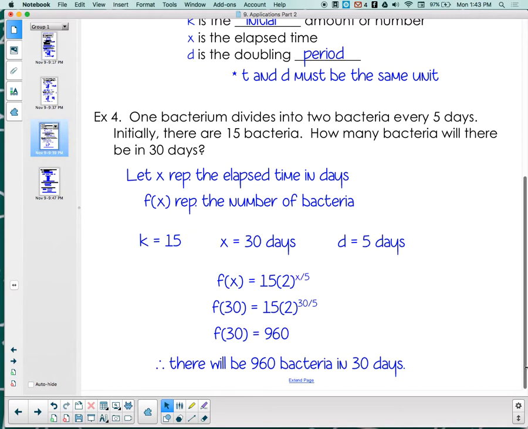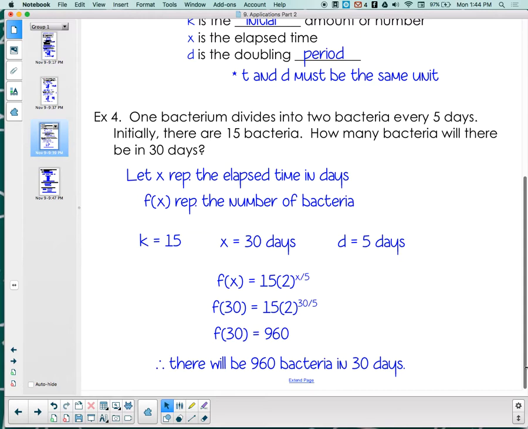They are both days, so we don't need to do any converting. We just need to plug it in. So f of x is going to be 15 times 2 to the power of 30 over 5. Well, 30 over 5 is 6. So what we're calculating is 15 times 2 to the power of 6. Please remember proper BEDMAS. The biggest mistake I see people make is multiply the 15 and the 2 together and then go 30 to the power of 6.